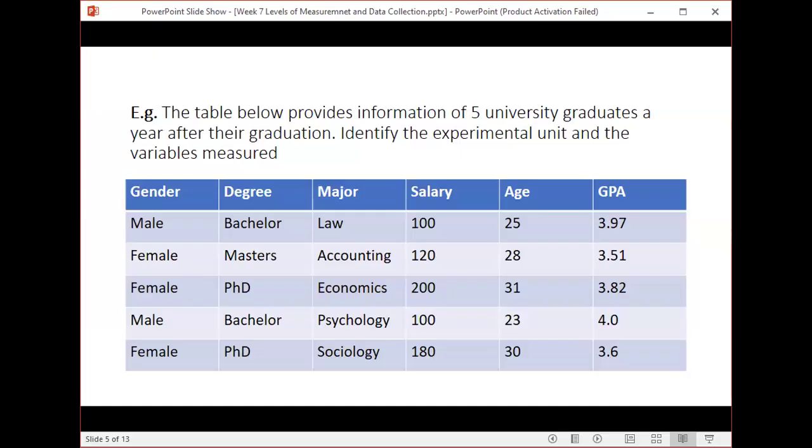Indeed, salary and age are continuous, whilst the GPA is discrete. Okay, so it's the opposite for you. All right, anyone to give us a different view, or you are either supporting this or supporting that.